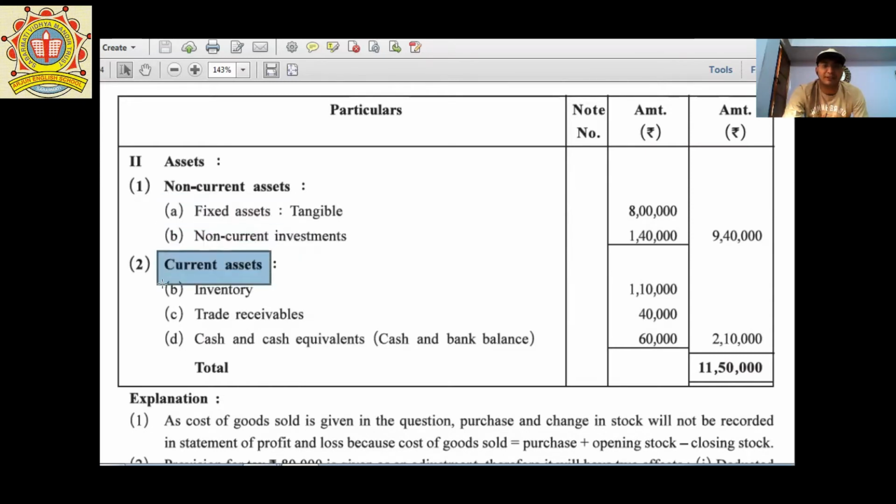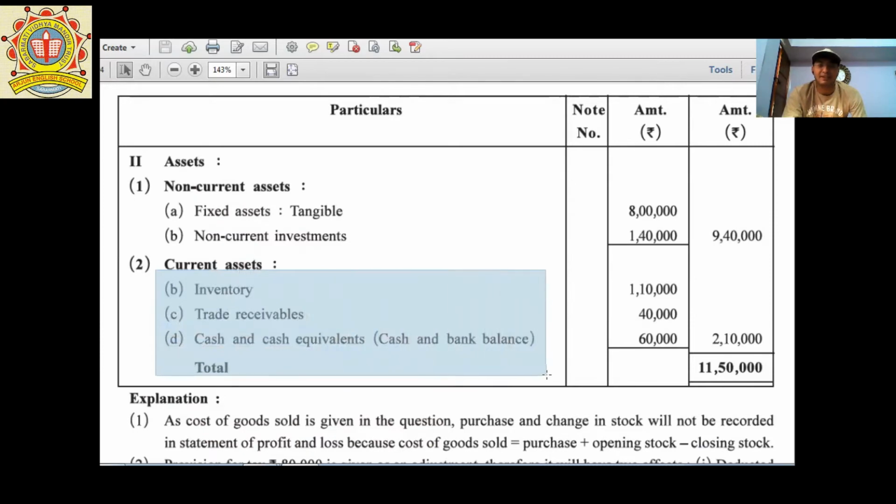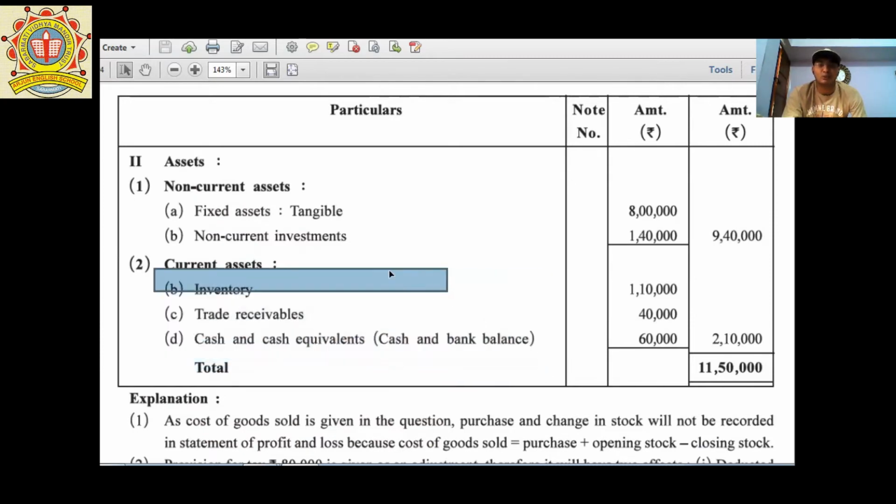In current assets, there are mainly six heads, where here only three heads are presented. But in the examination, we have to prepare the complete format. If there is no value, then we have to put zero at the end of the question. So current assets include inventory, trade receivables, cash and cash equivalents, and finally the total. So this is the simple format.